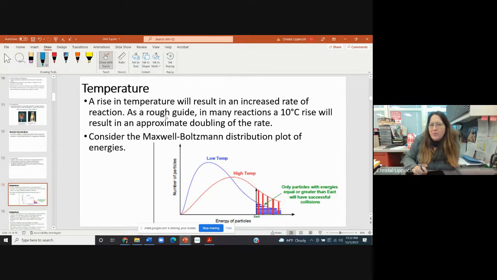If you think about that in terms of a Maxwell-Boltzmann distribution, at a higher temperature you have more molecules that have acquired the activation energy that's necessary for that reaction to occur. At a lower temperature, you're going to have fewer of those molecules. That's the blue stuff down here. You're going to have fewer of those molecules able to go through that reaction. Does that make sense? They just don't have the speed to make it happen.